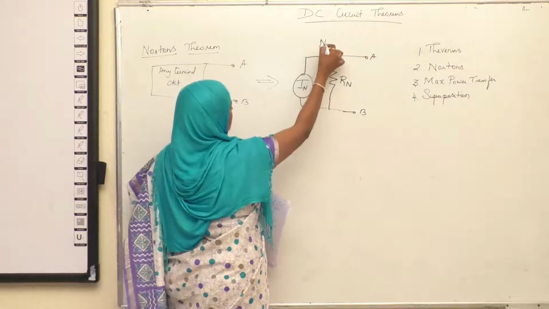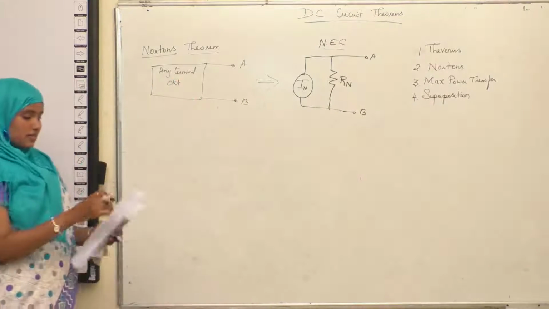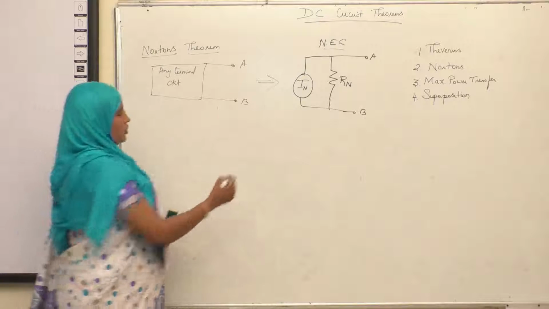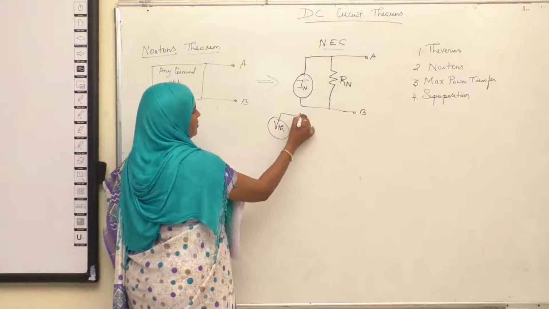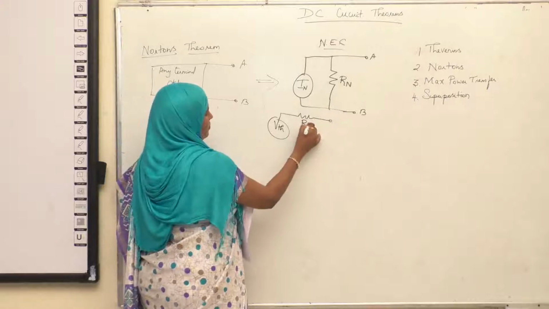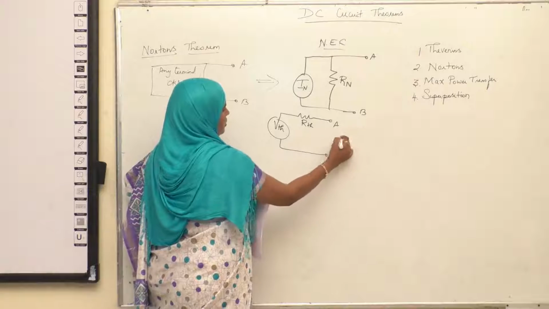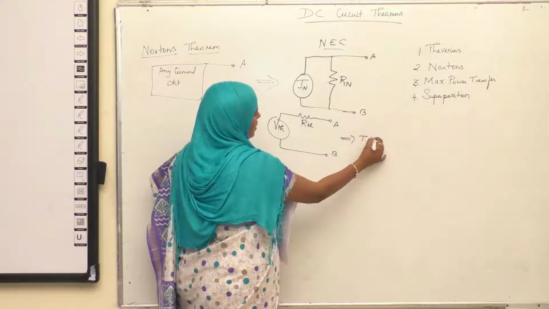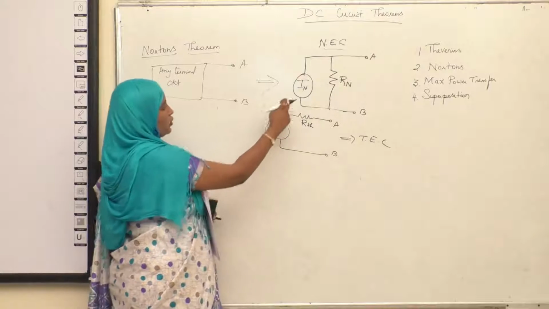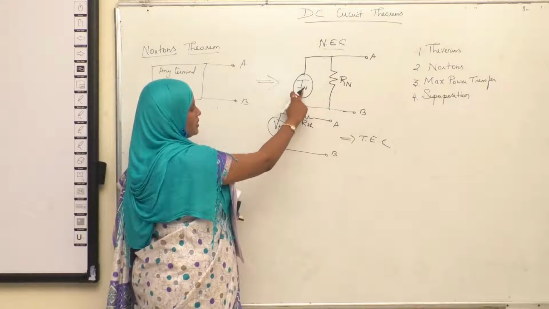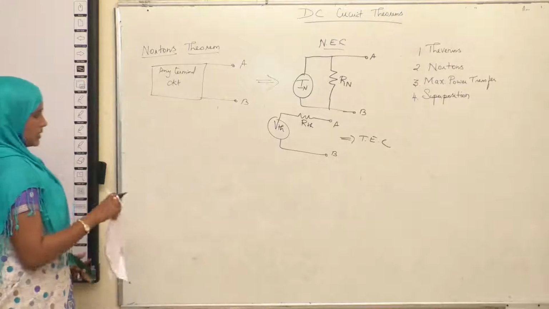This is Norton's equivalent circuit. Previously we saw Thevenin's, where VTH is in series with RTH. So in Norton's, instead of voltage you have current, that is Norton's current, which is parallel with Norton's resistance.